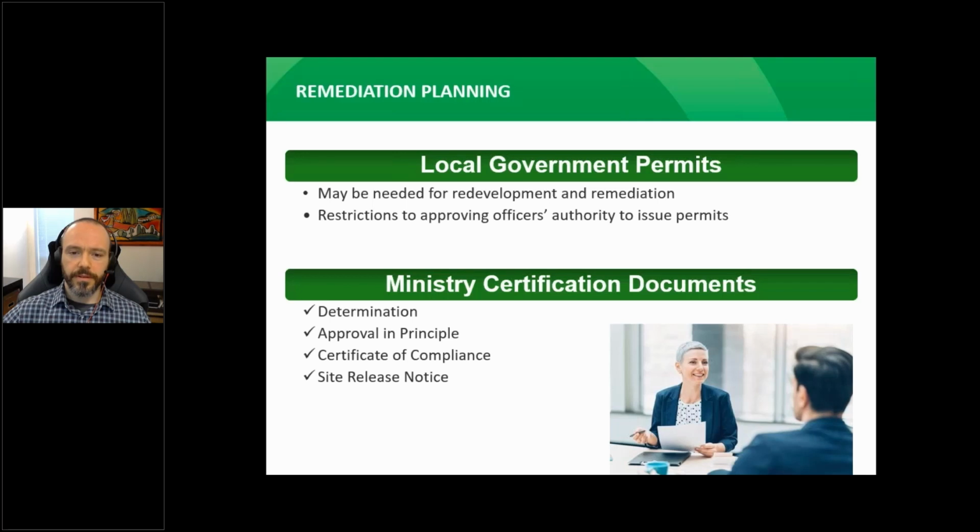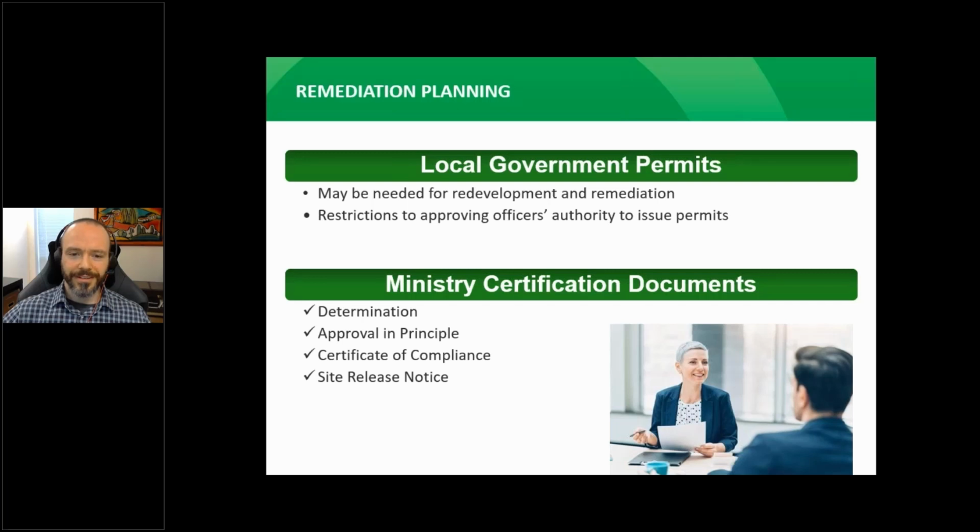Restrictions can be lifted when an applicant submits an appropriate ministry certification document to the approving authority, such as a determination that the site is not contaminated, an approval in principle of a remediation plan, or a certificate of compliance.